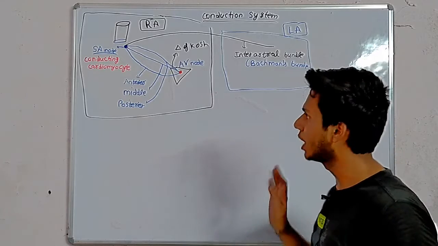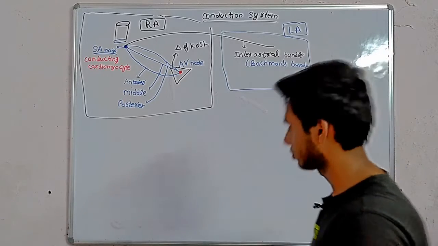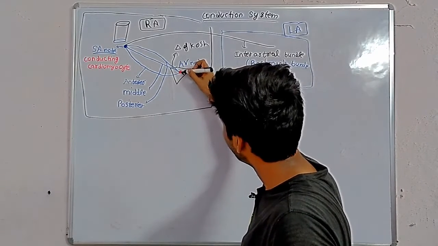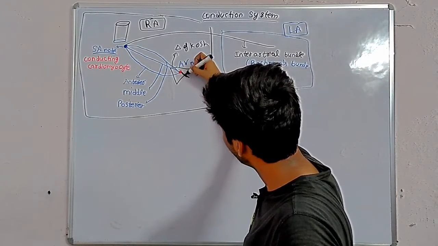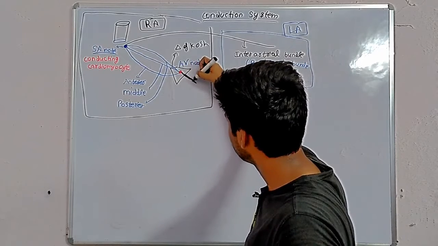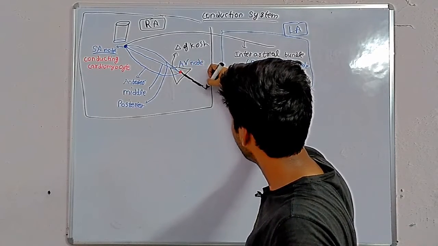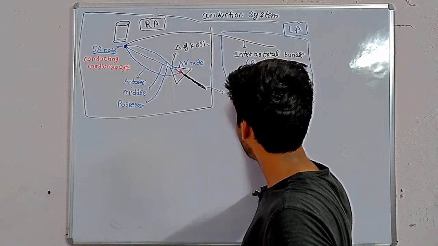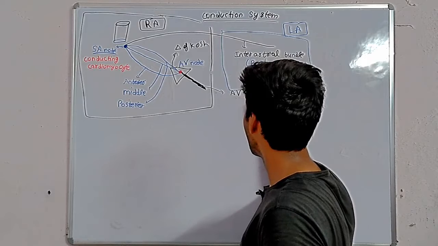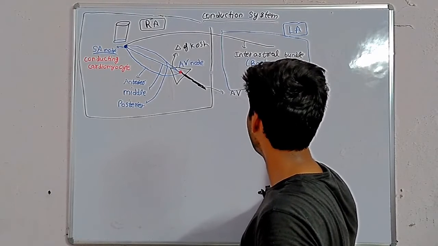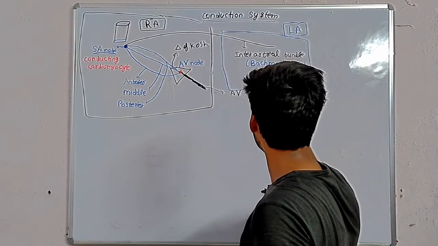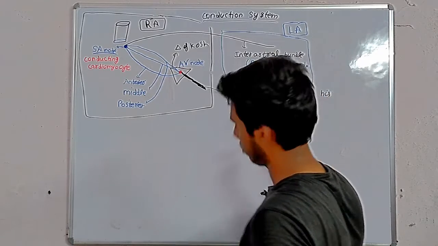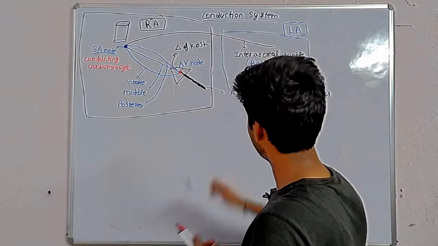Then the supply that comes to the ventricles. From the AV node, a nodal bundle tissue, a nodal band, emerges. This bundle is called the AV bundle, atrioventricular bundle, or another name is the bundle of His, which then goes into the septum.